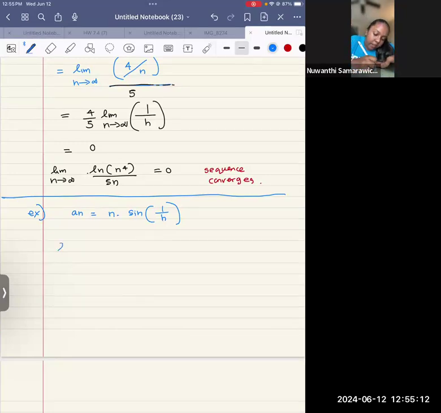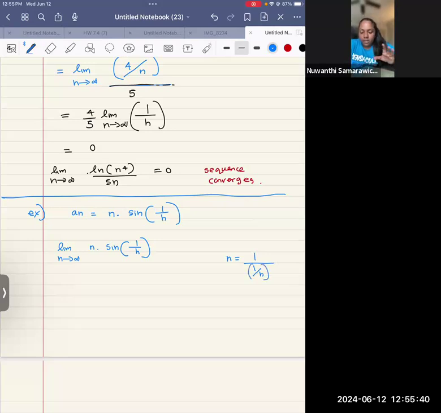So we have to find, when the limit as n goes to infinity, what happens to this. We can think of n as 1 divided by 1 over n.